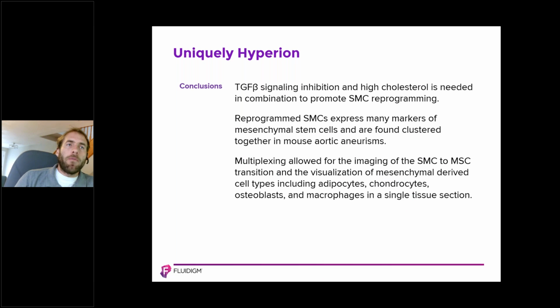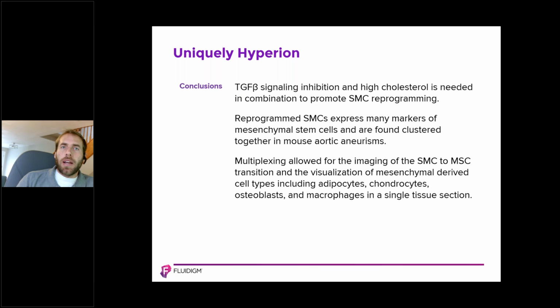From this work, the authors were able to conclude that TGF-beta signaling inhibition and high cholesterol are needed in combination to promote smooth muscle cell reprogramming. The reprogrammed smooth muscle cells express many markers of mesenchymal stem cells and are found clustered together in mouse aortic aneurysms.